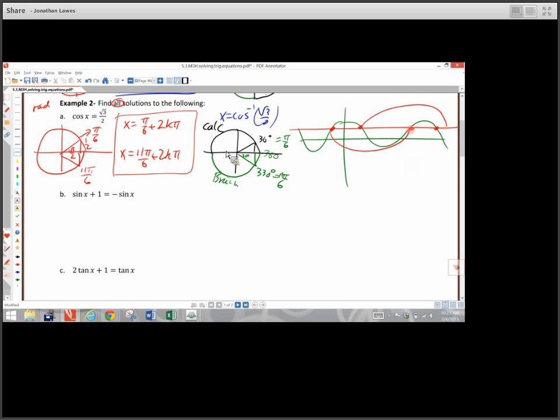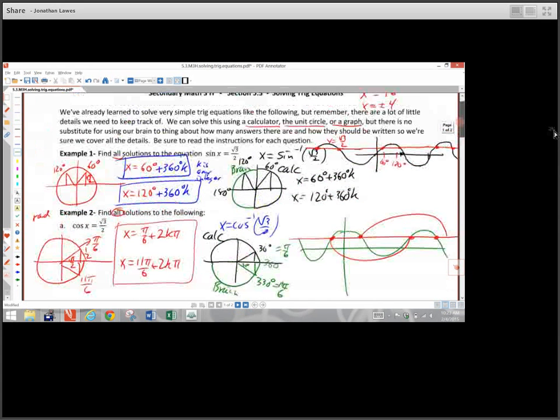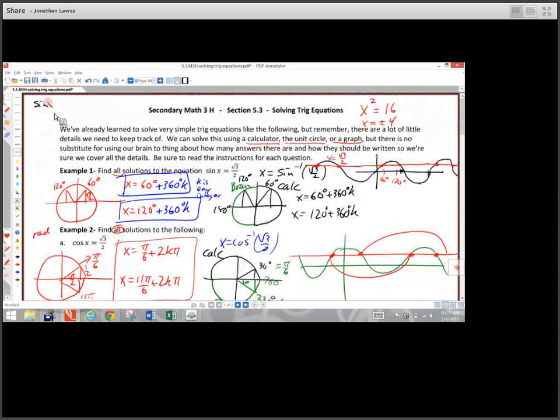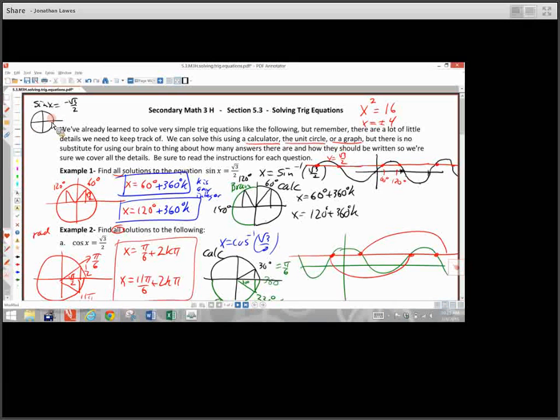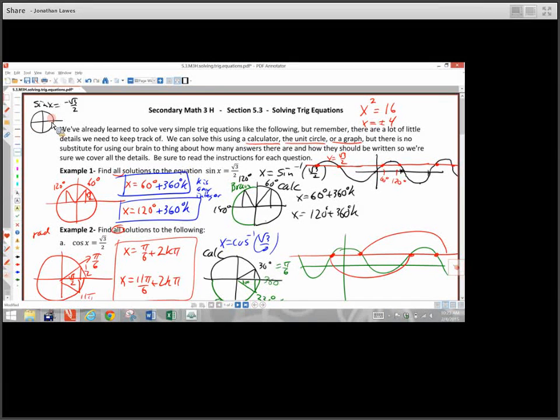Okay. This one is not on your notes, but I want you to take a look at this. What if this original problem had been sine of x equals negative radical 3 over 2. Let's think about it. Y coordinate, right? Where would the y coordinate be negative radical 3 over 2?